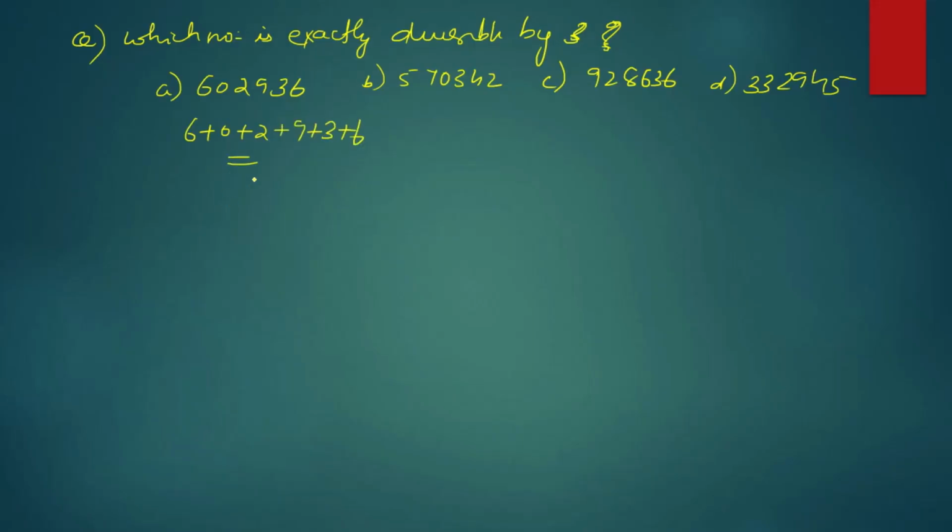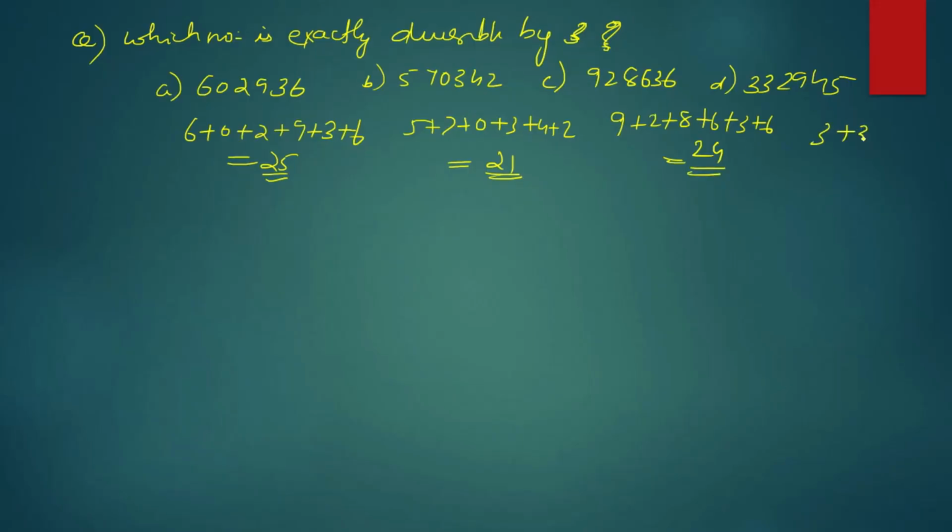You will get 25 as the answer. Then here 5 plus 7 plus 0 plus 3 plus 4 plus 2. What you get is 21. Then 9 plus 2 plus 8 plus 6 plus 3 plus 6, you will get 34.